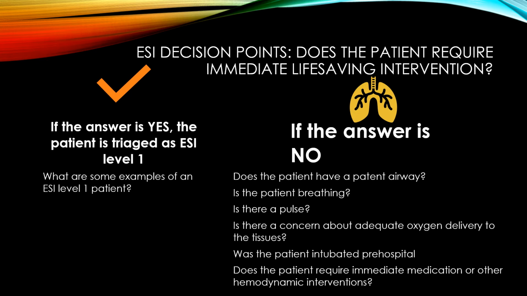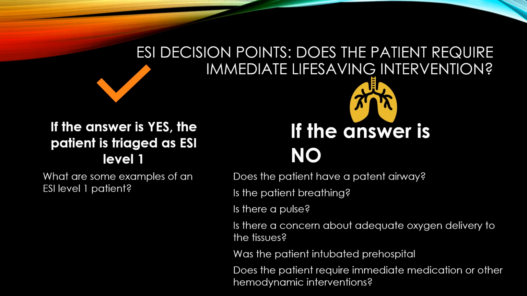Life-saving interventions are aimed at securing an airway, maintaining breathing, supporting circulation, or addressing a major change in level of consciousness. So some examples would be cardiac arrest, anaphylactic shock, a flaccid baby, or an overdose with a respiratory rate of 6.